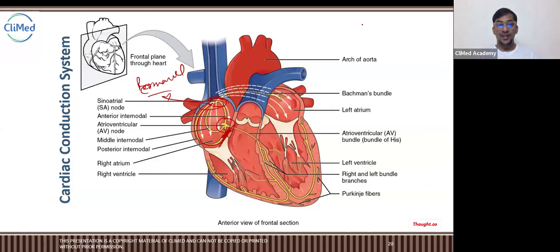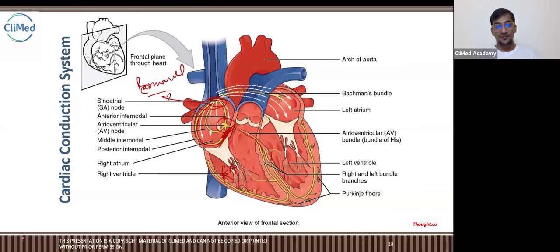Let me show you here. From the AV node, through the bundle of His, it goes to the atrioventricular septum, and through it to the septum which separates the left and right ventricles.